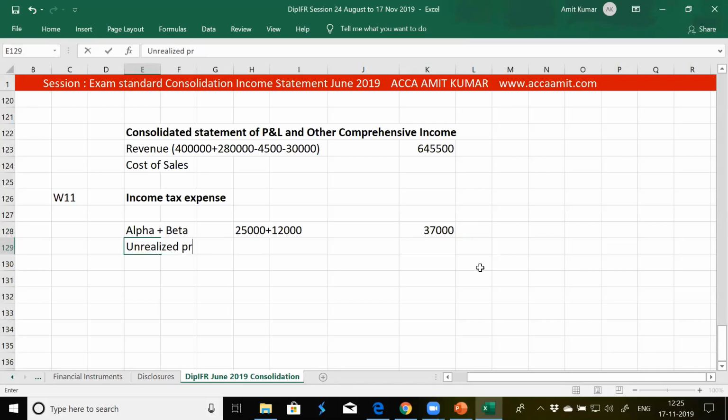Unrealized profit deferred tax adjustment: 20% of 1,000 minus 800, because the net impact is 200. Will this reduce our income tax expense, or increase our income tax expense?